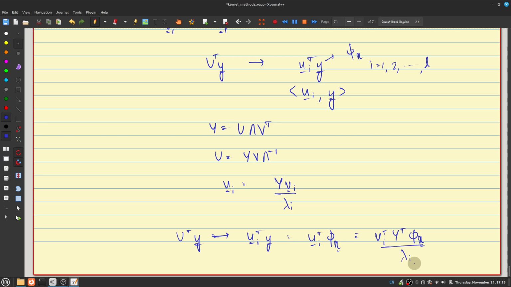It's a long sequence of steps, but effectively all that's important for now is that if I want to find the corresponding PCA representation of a new point y, then that amounts to finding ui transpose y for i equal to 1, 2, 3 up to L, and that amounts to finding ui transpose phi x or vi transpose y transpose phi x.